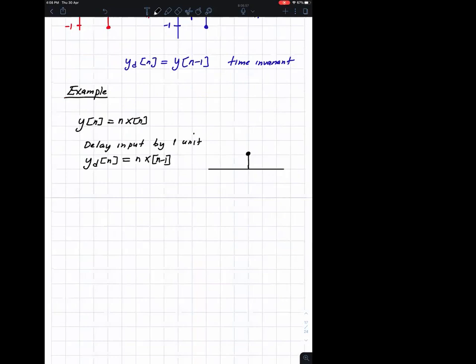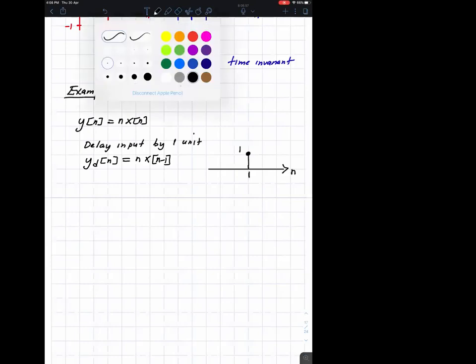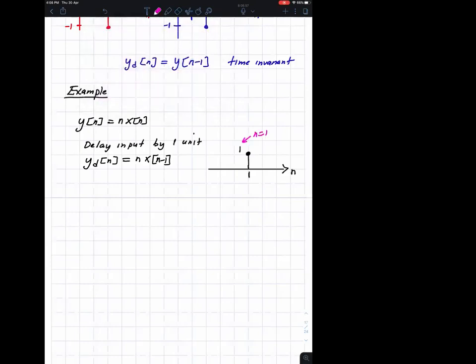It's happening when n equals 1. So it's right there. The amplitude is n, right? If n equals 1 here, then n must be 1 here also, right? You can just simply put 1 here then. If you're not sure, I can just put it so you know n is 1.